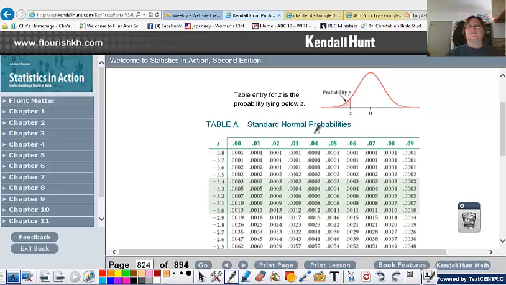So if we wanted to know about the probability that some data value lies at or below -3.54, we'd go to the -3.5 row and look in the 0.04 column, and we'll see that there's only a 0.0002 probability that that could happen.